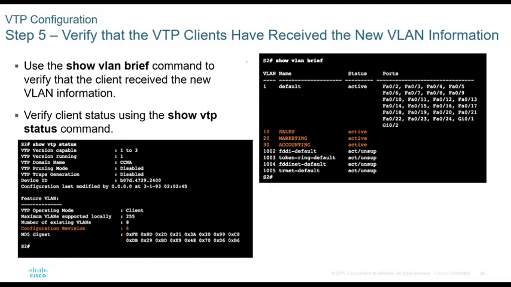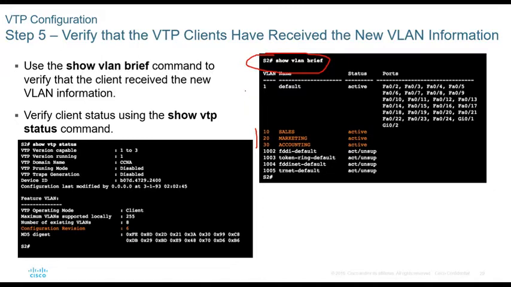So when you go to S2 and issue the command show vlan brief, it should show the same VLAN info that was entered on the server. So it appears. You have the same exact VLAN information as the server.